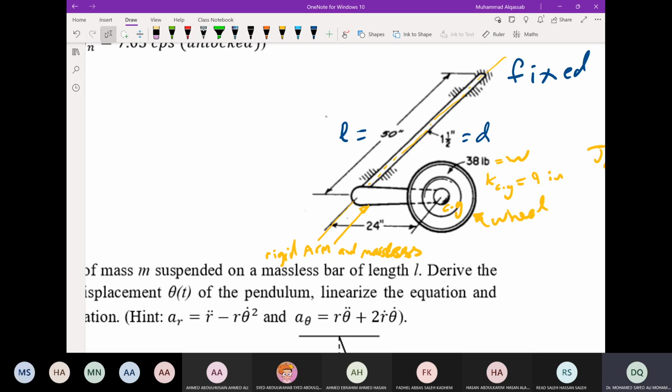So you need to use parallel axis theorem. And if the wheel is unlocked, it means it becomes a point mass.